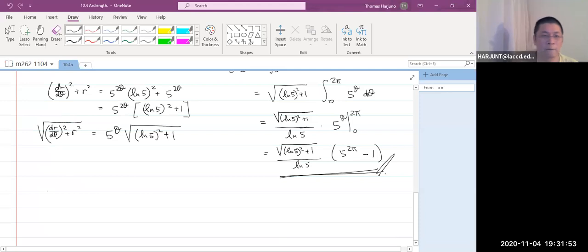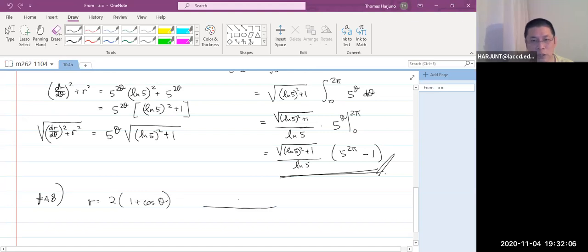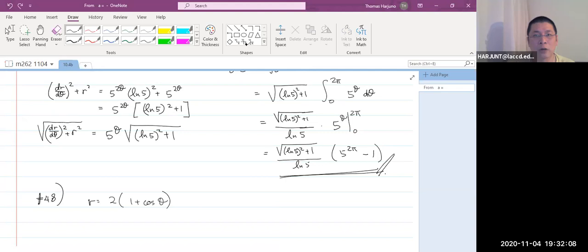Number 48. And this is actually even more interesting. Number 48: r equals 2 times (1 plus cosine theta). If you sketch this, I wonder if you remember, what will that look like?